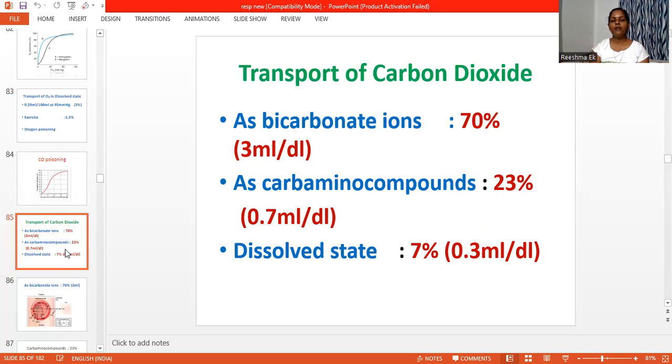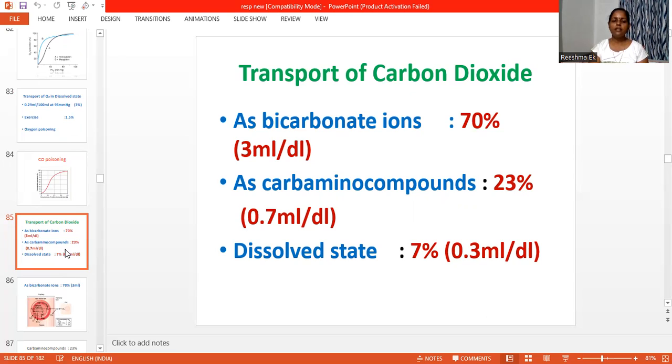The ways of transport of carbon dioxide are as bicarbonate ions, as carbamino compounds, and as dissolved state. As bicarbonate ions is the most important method of transportation of carbon dioxide through blood. 70% of carbon dioxide is transported as bicarbonate ions.